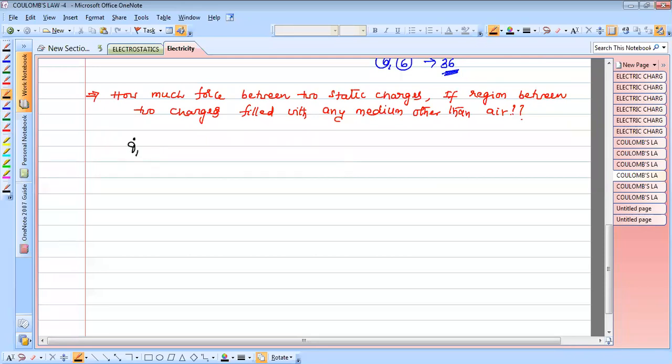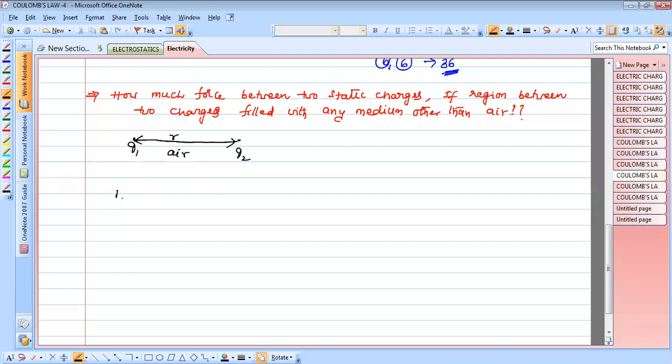let us take the two charges Q1 and Q2, which are separated by a distance R. If it is filled with air, the force equals 1 by 4 pi epsilon naught, Q1 Q2 by R square.